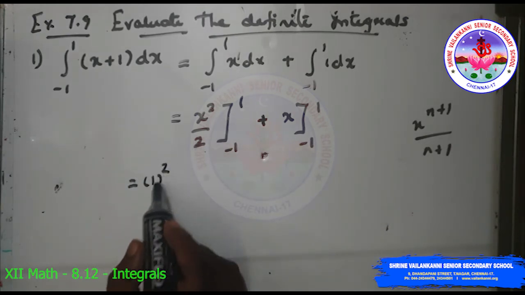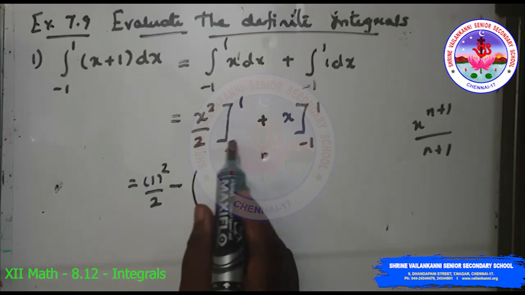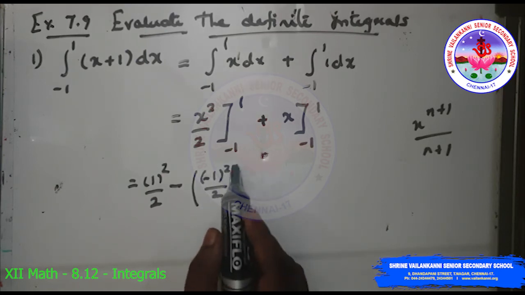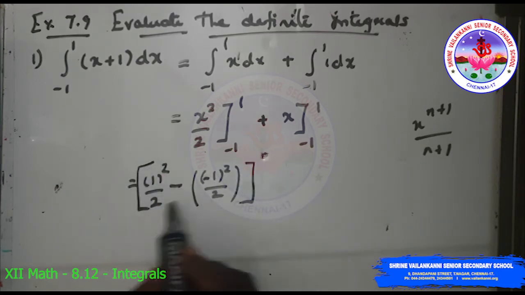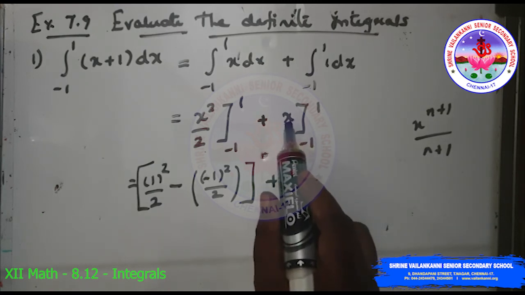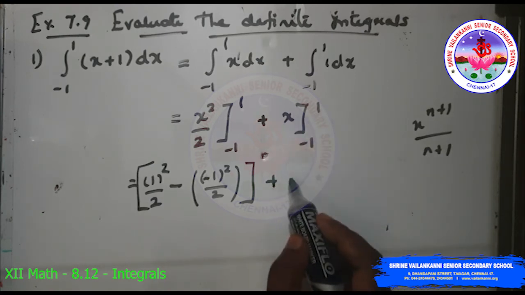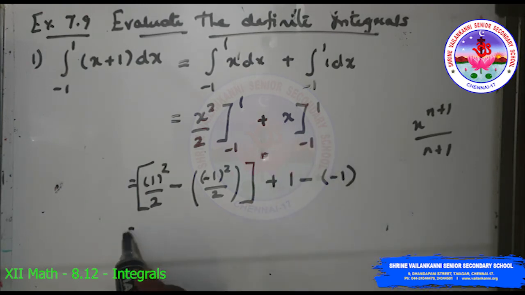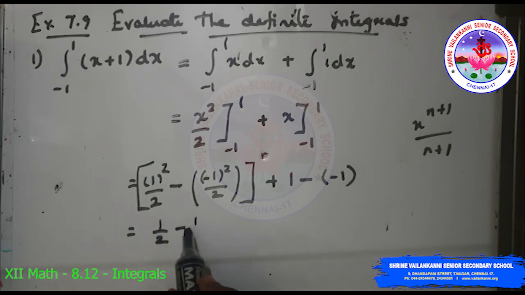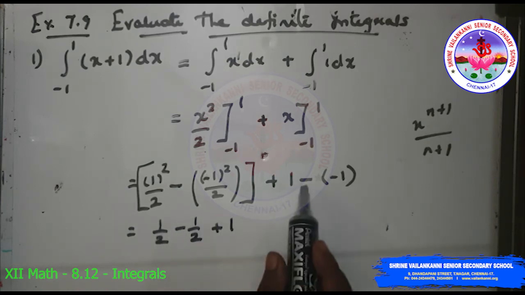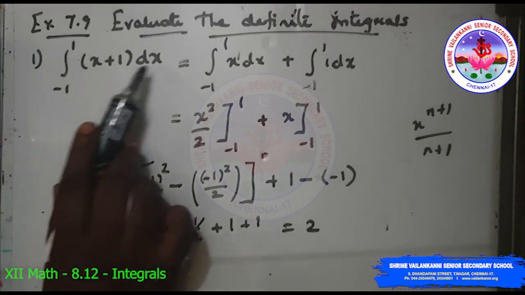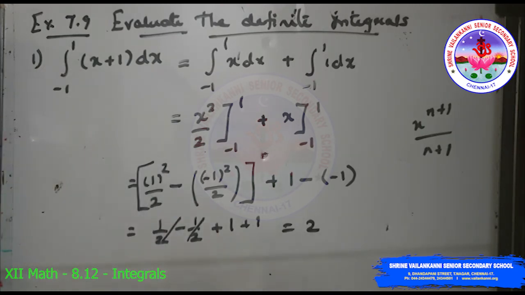So 1 square by 2 minus of, using the lower limit, minus 1, so minus 1 whole square by 2, plus, so x, substituting the upper limit first, so 1 minus of, again lower limit, so minus 1, which is equal to 1 by 2 minus 1 by 2 plus 1, minus into minus 1 is plus 1. So which is equal to 2. So integral of minus 1 to 1 x plus 1 dx is equal to 2.